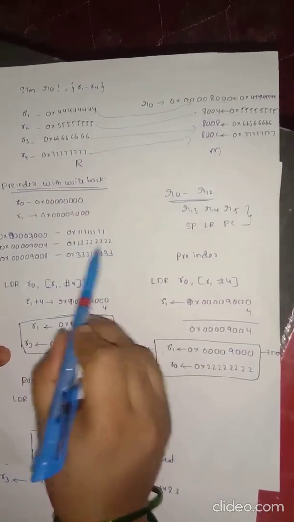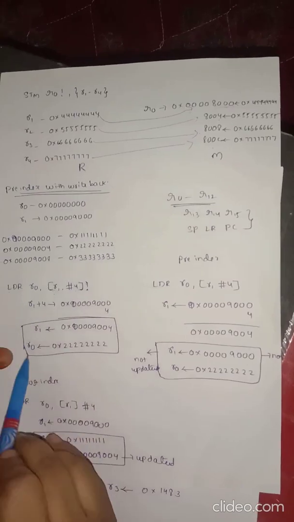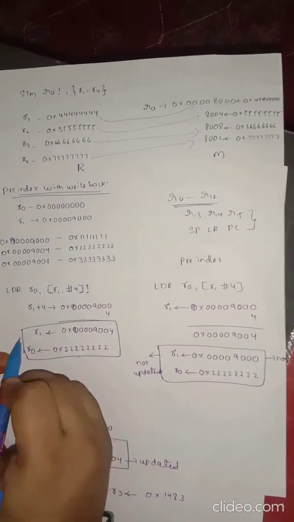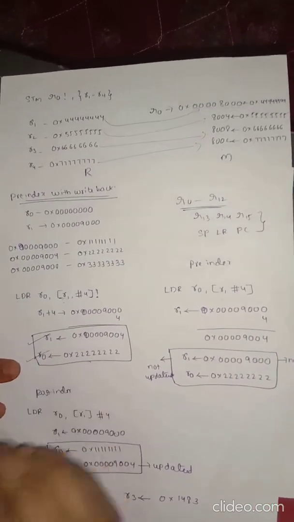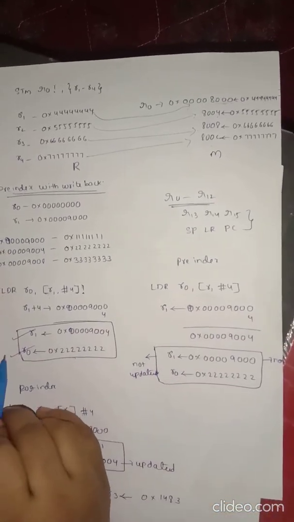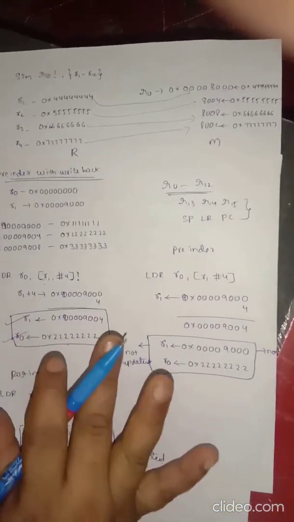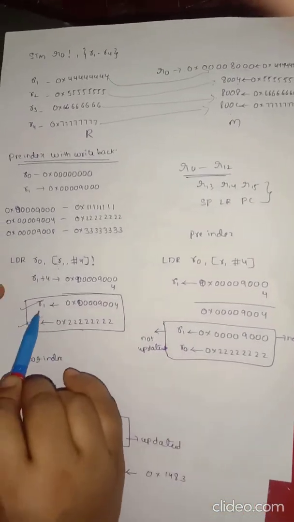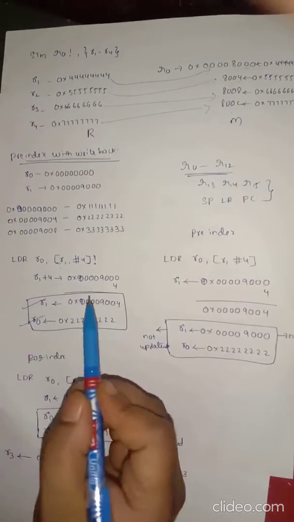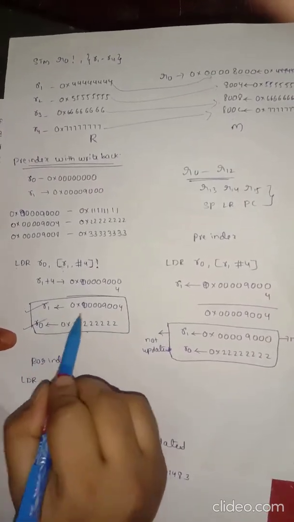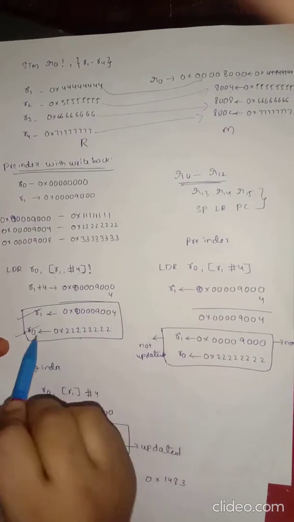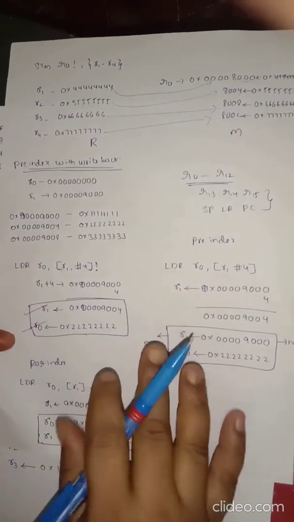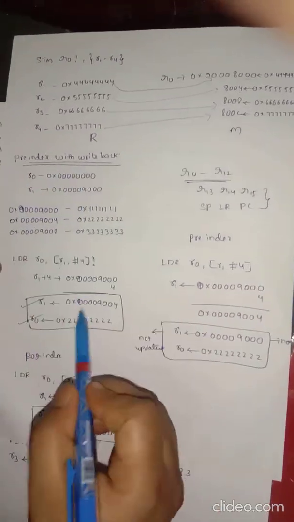What is in the 9004 location? All 2s. Now these all 2s are moved to R0. So in this case, both R0 and R1 are updated. This is nothing but pre-index with write back. It means your pointer register is updated, and the data at that updated memory location is also loaded into R0.